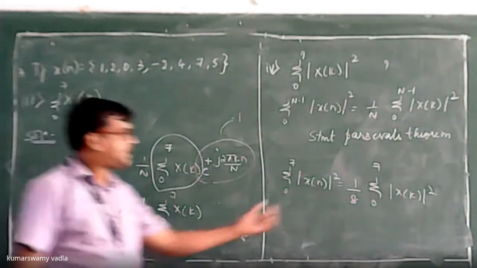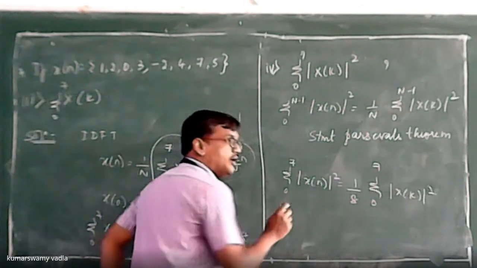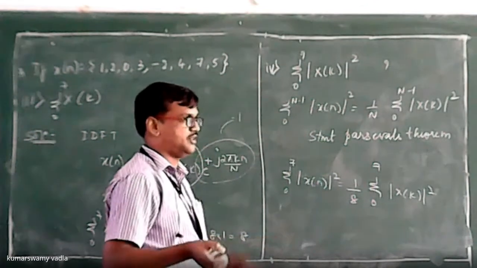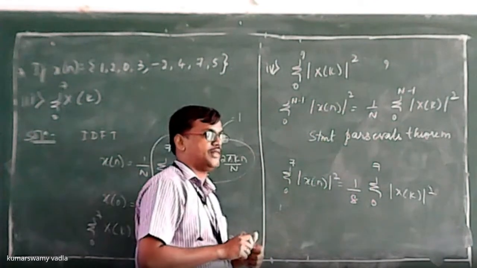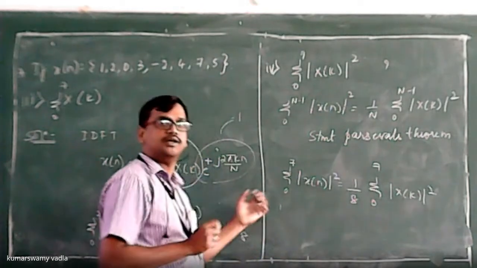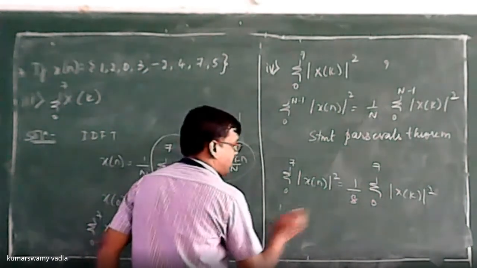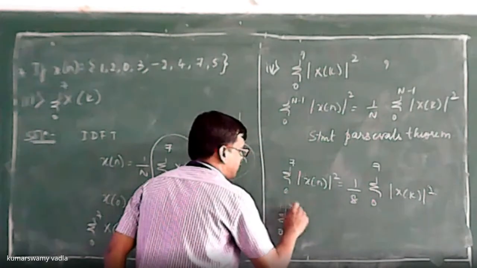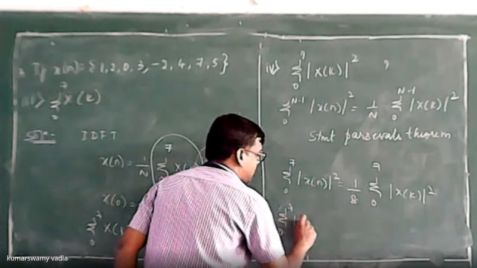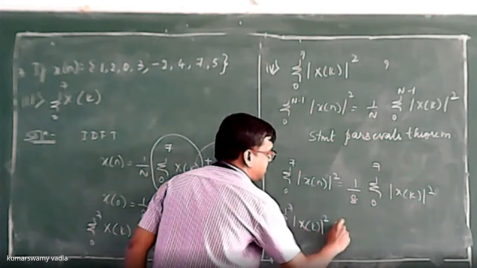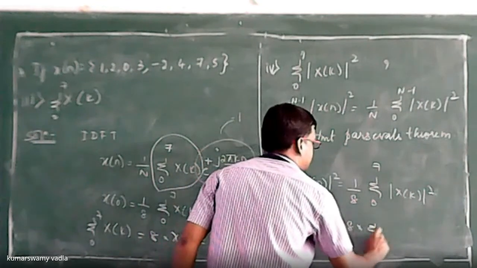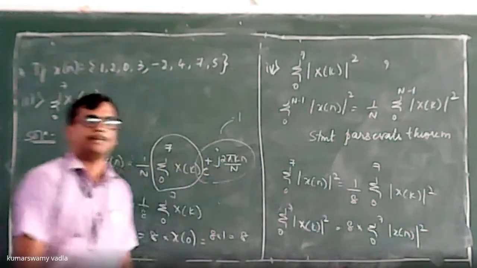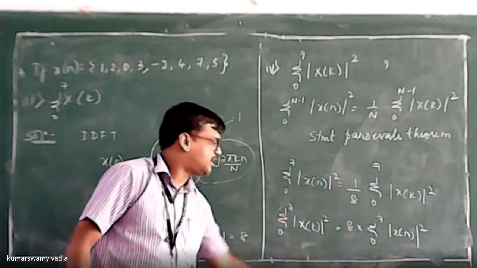In order to get this right hand side part, finally this right hand side is required as the question. Summation 0 to 7 mod of capital X of k square is equal to 8 into summation 0 to 7 mod x of n square. Is the point of discussion clear here, students?